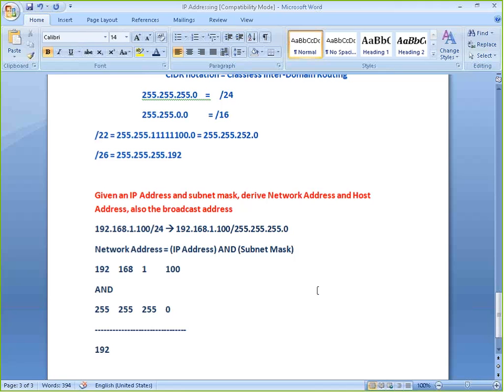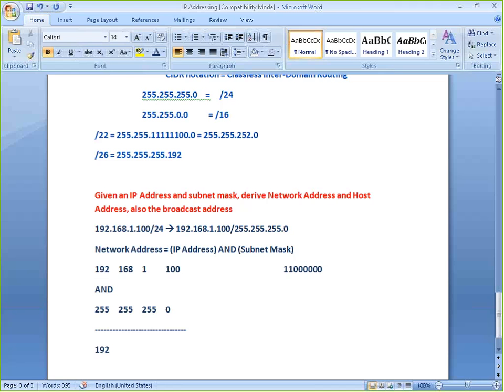If I want to represent it in binary, it is going to be 128, that's the first, then 64. 128 plus 64 is 192. So it's going to be 11000000. That's the binary value for 192.